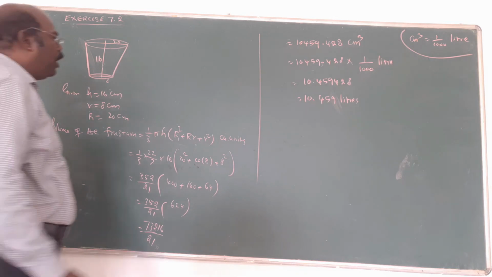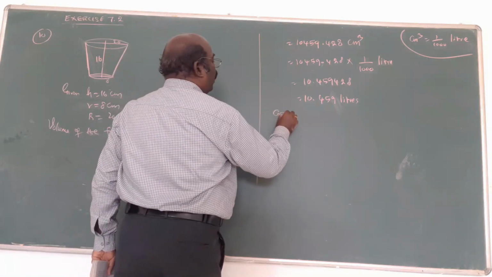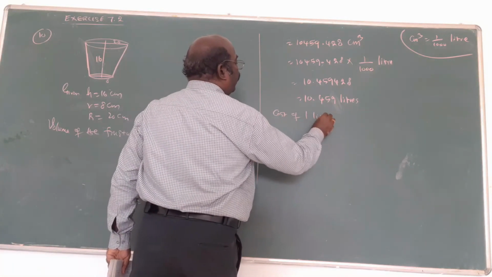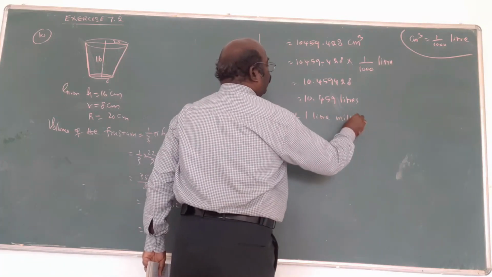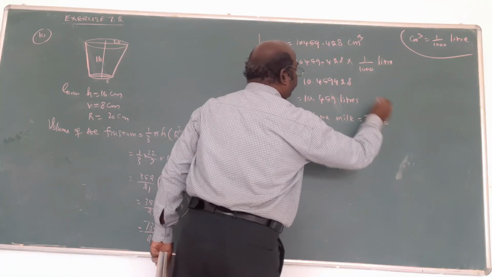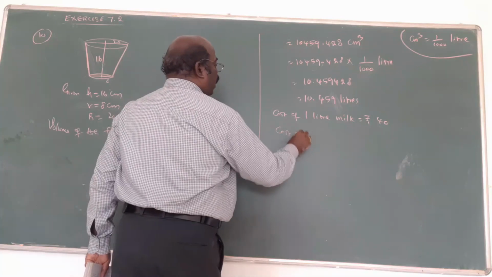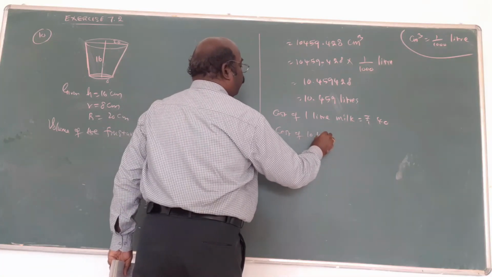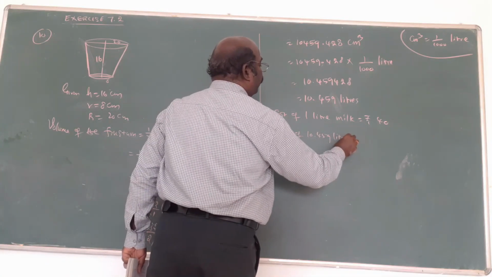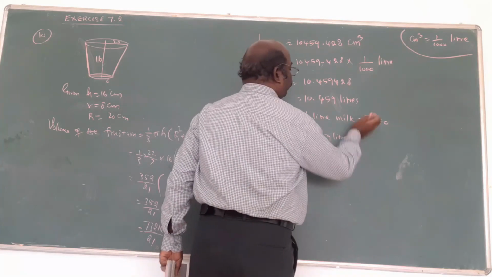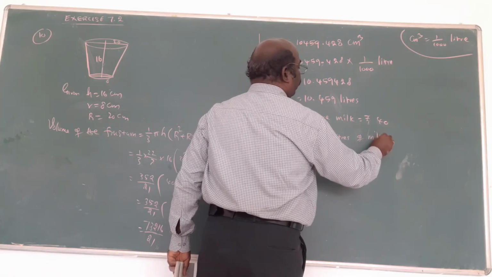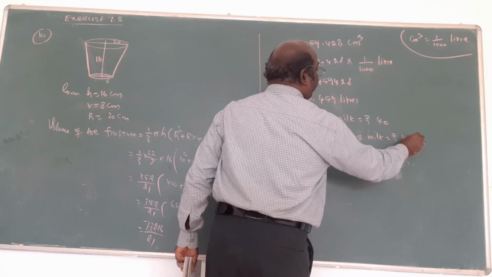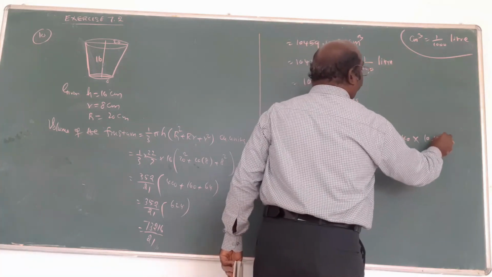So the cost of 1 liter of milk is 40 rupees, as given. Therefore, the cost of 10.459 liters of milk is 40 into 10.459.